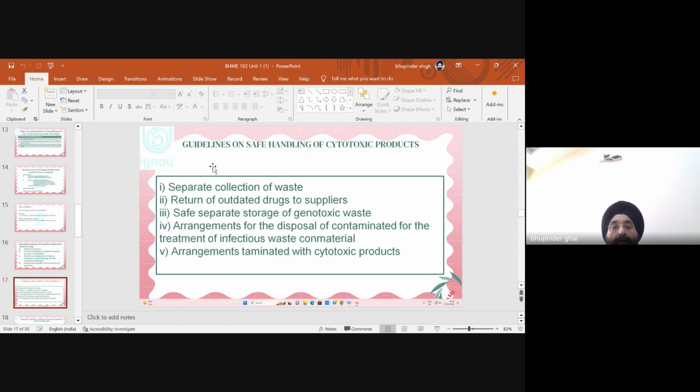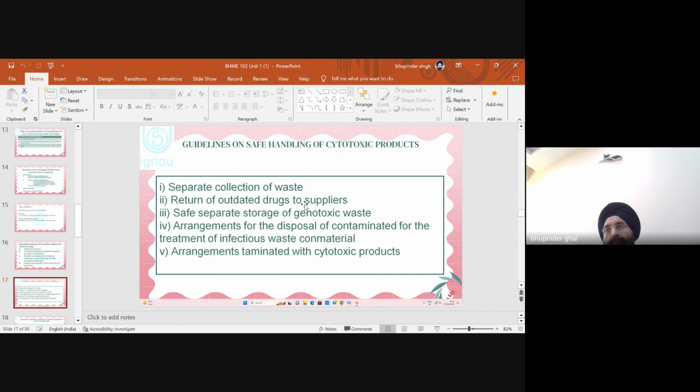So what are the guidelines for safe handling of cytotoxic products? First is separate collection of the waste. For the cytotoxic drug, there will be separate collection of the waste. Return of outdated drugs to the supplier.